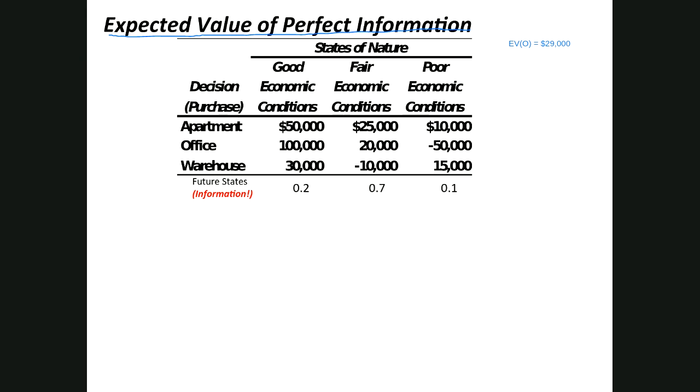Right? So let's suppose we were able to go out to an analyst, and we know that this analyst was perfect. If the economy were going to be good, that analyst will report that the economy is good. If the economy was going to be fair, he's going to report that.